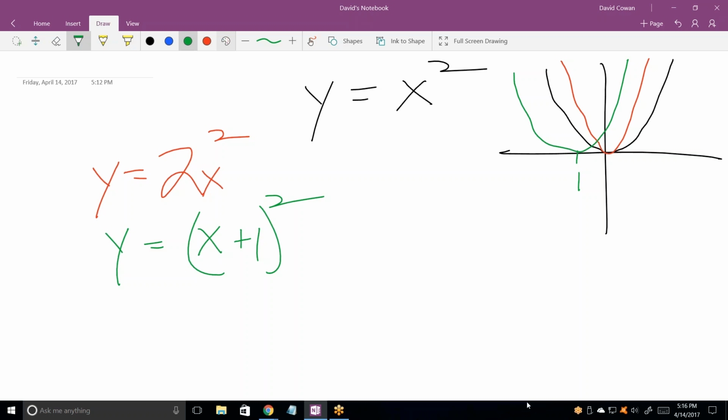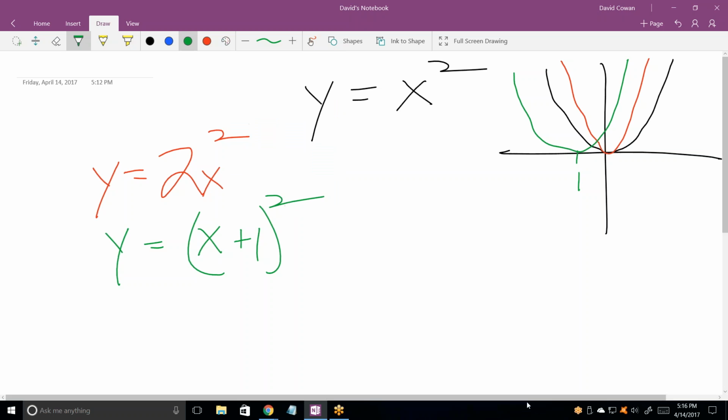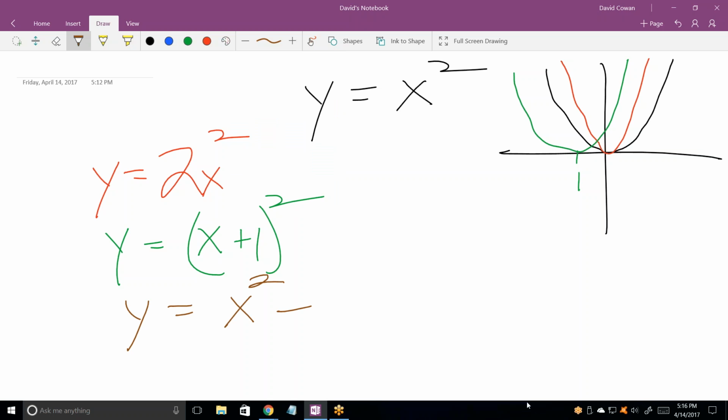Okay. Now, let's do one other transformation in brown. Let's do y equals x squared minus 2. What's the minus 2 do? Makes it a positive then, right? Well, hold on. No, this is a little different.